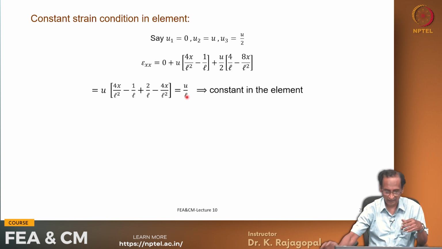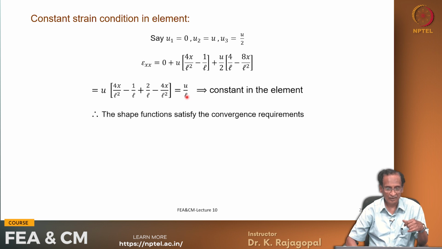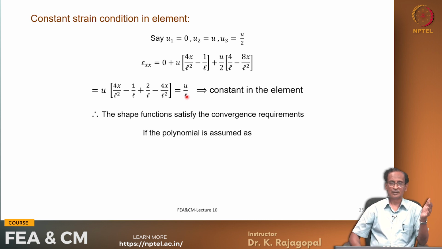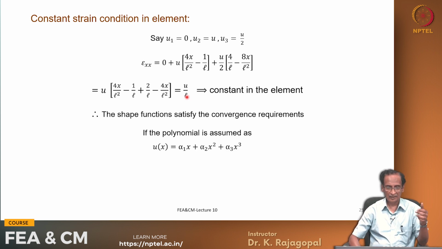That is u by L. And so the shape functions that we derived correspond to a monotonically convergent solution. So we can say that the polynomial that we assumed will ensure our convergence.